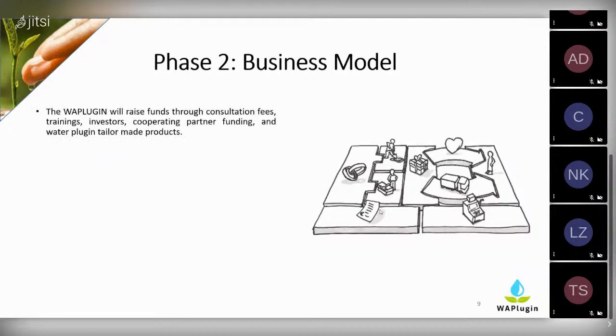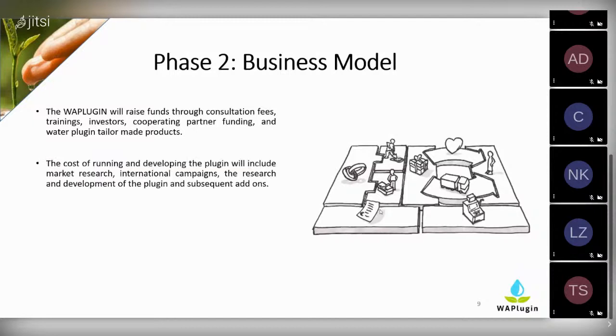As we saw before in the results of the market research, users are not willing to pay for a license. So we have to see which other funds we can have for this project. The WaPlugin will raise funds through consultation fees, trainings, investors, cooperating partner funding, and WaPlugin tailor-made products.